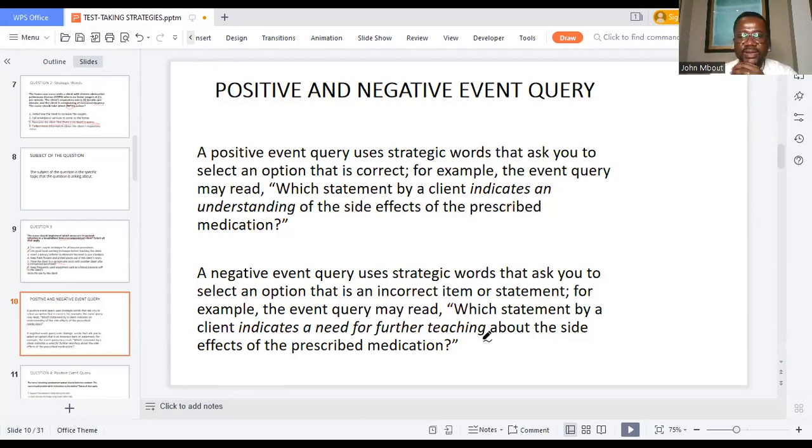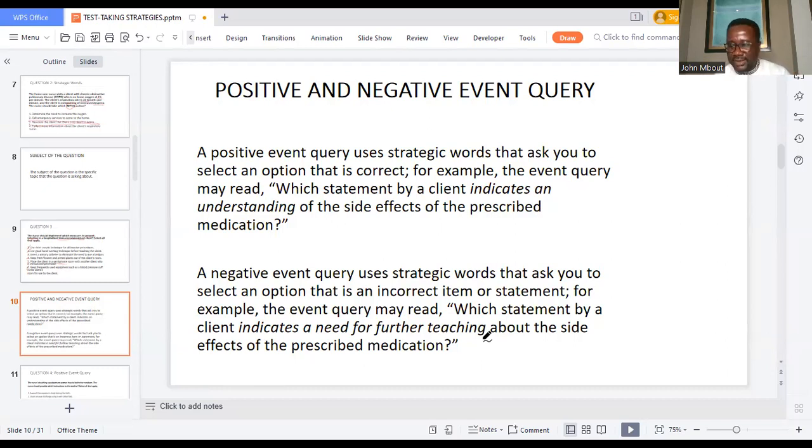You gave a teaching to a client and you want to be sure of your teaching, and then the client says something. What is that thing the client said that shows the client needs further teaching, that shows the client does not understand? This is what we mean by negative event query.